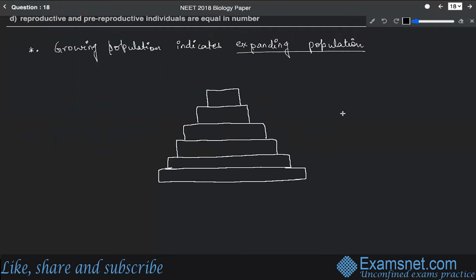So this is an expanding population that you can see on your screen. And this represents the pre-reproductive individuals. The between section will represent the reproductive individuals.